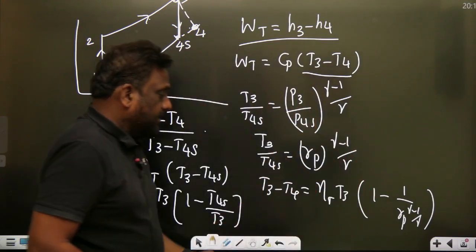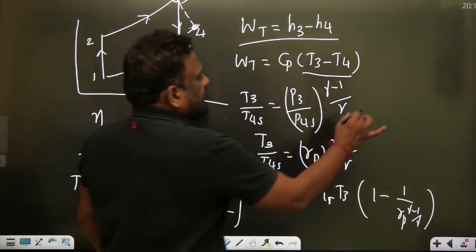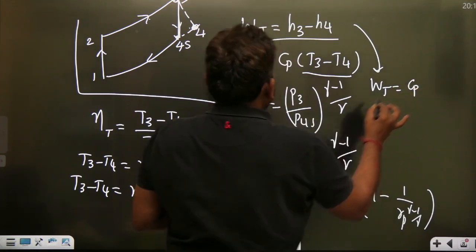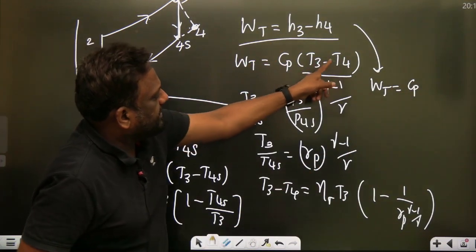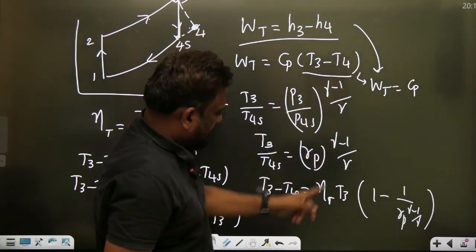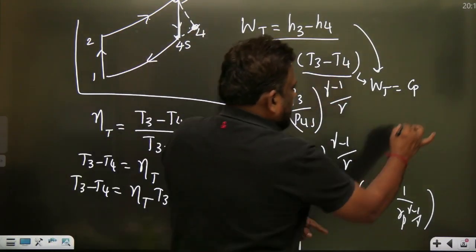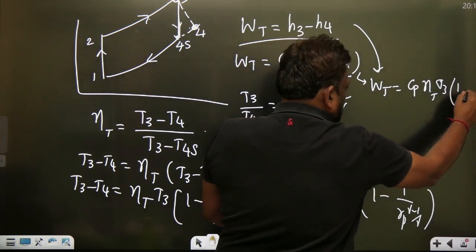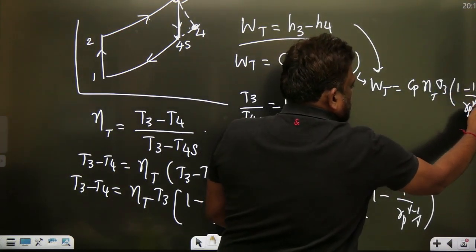So I request everyone, if possible, remember this, because the turbine work is given by Cp into T3 minus T4. What is T3 minus T4? Turbine efficiency into T3 into 1 minus 1 by Rp power gamma minus 1 by gamma.